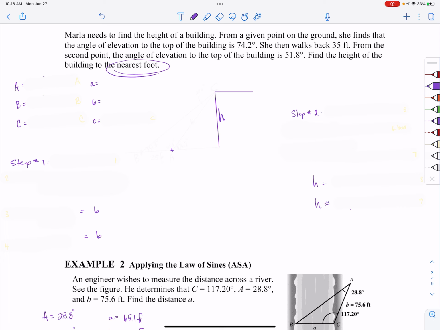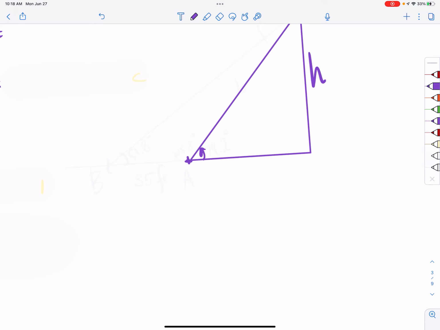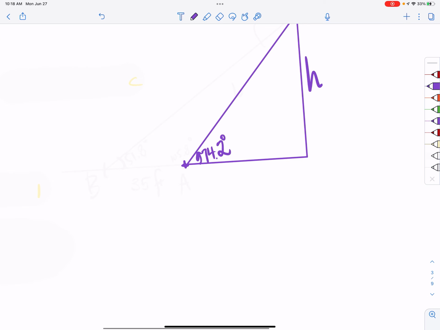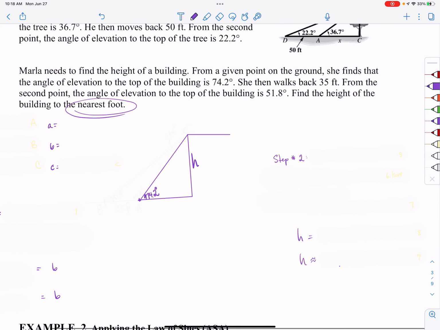All right, so remember, angle of elevation always begins at the horizontal, and it goes up from the horizontal, and it tells us that the angle of elevation is going to the top of the building. And so this angle, let me zoom in a little bit here, this angle is going to be 74.2 degrees. Okay, so let's keep on reading. Then she walks back 35 feet.